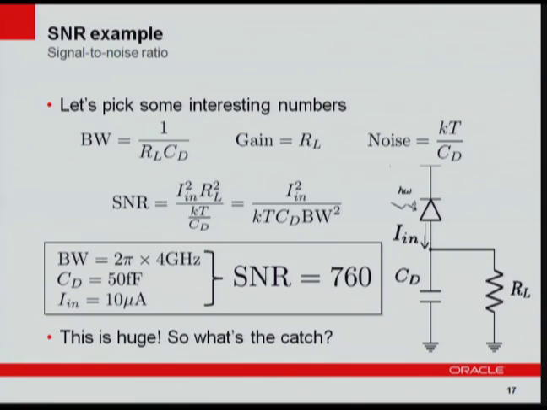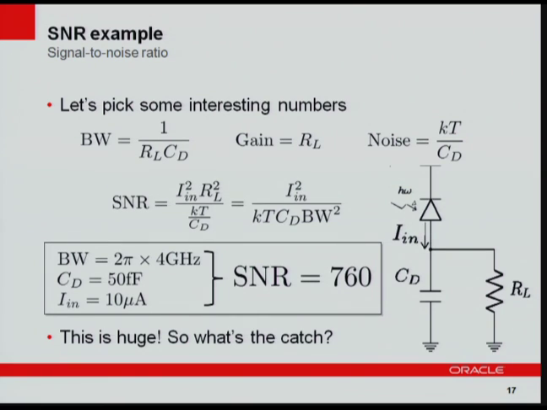So going back to the example here, let's pick some numbers. For a bandwidth of, say, 4 gigahertz, a typical number for the parasitic capacitance, and 10 microwatts of optical power, you get this humongous number, right? So no problems in probability of error. You have so much room.